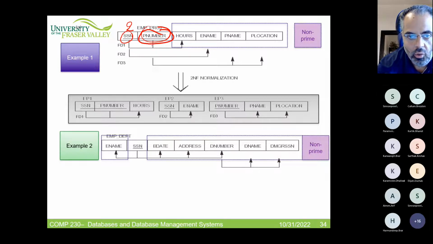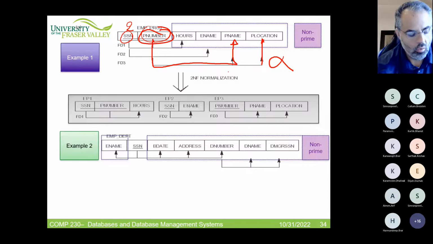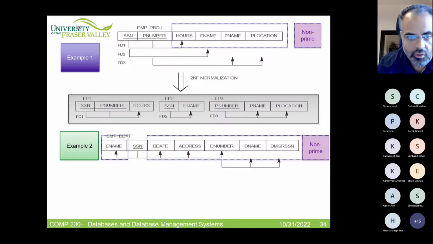So why does it violate here? Because part of the primary key, which is P number, was involved in a relationship with two non-primary attributes, and this violates second normalization. Because it is not allowed to have a relationship between part of the primary key and a non-primary attribute. We should have the case that only the whole primary key has a relationship.